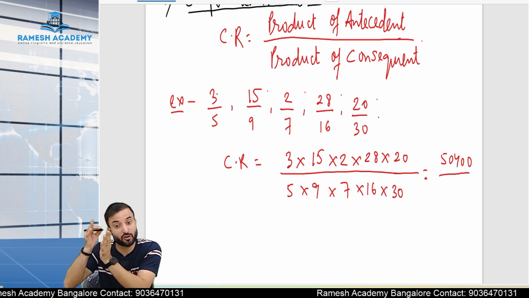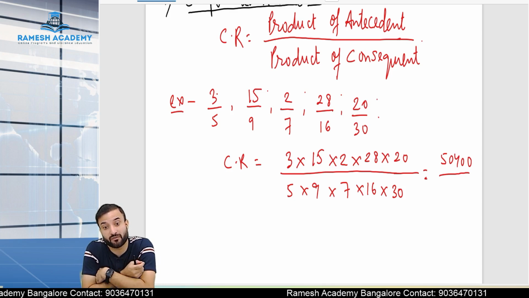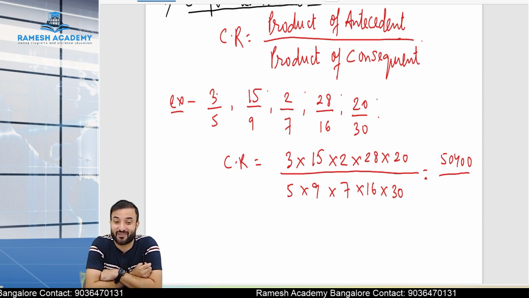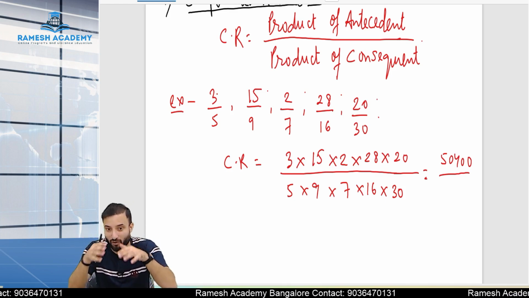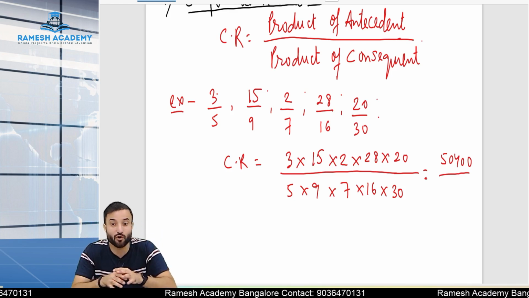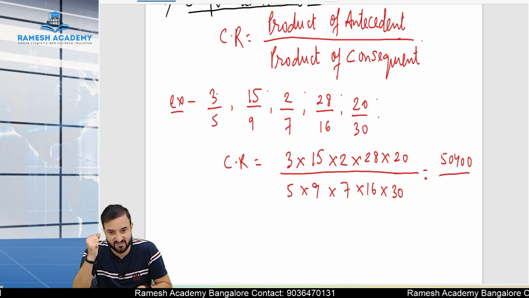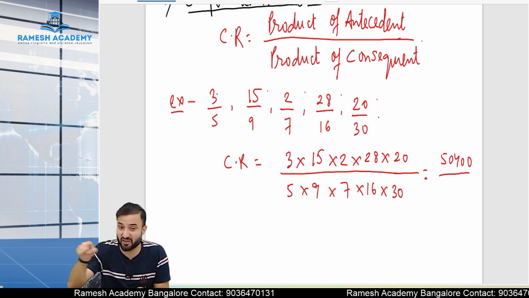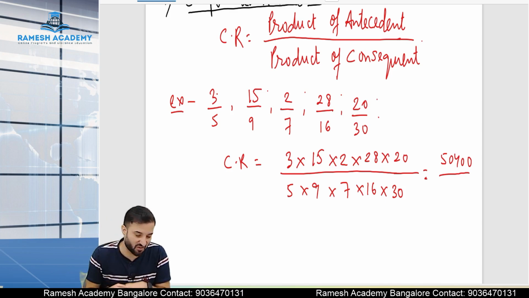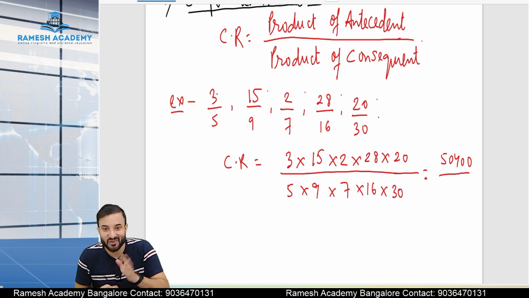Otherwise in the examination you will remember my word, sir said that for easy calculation don't use the calculator. Even if your calculation is wrong, be positive. Don't do this.